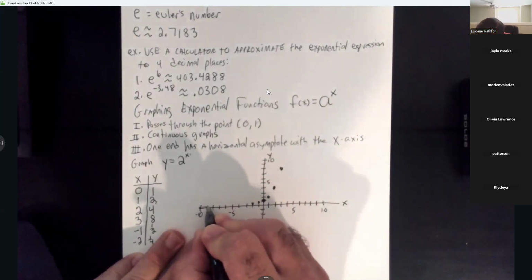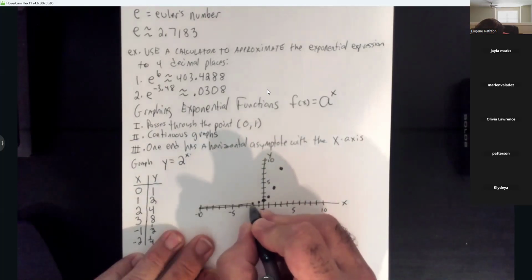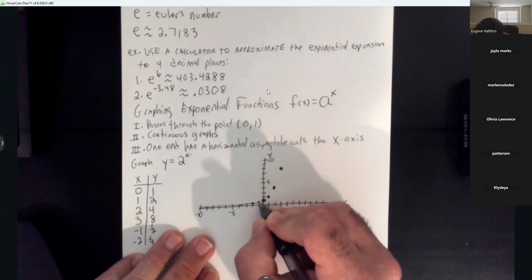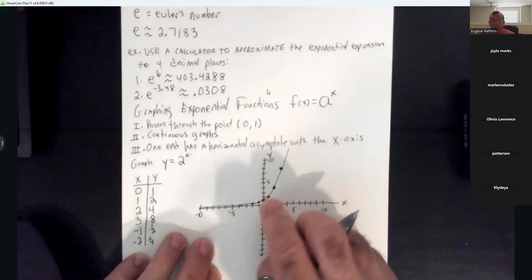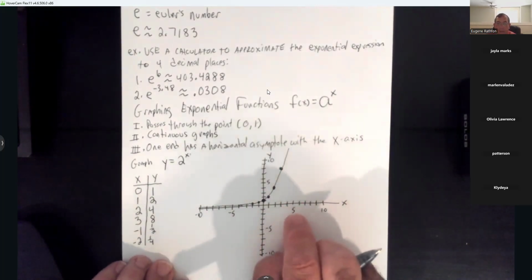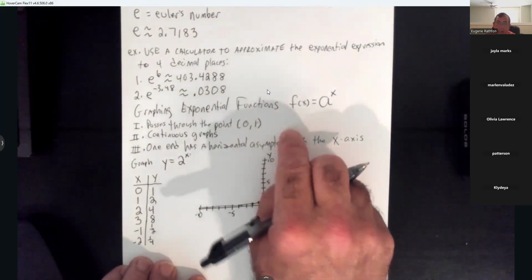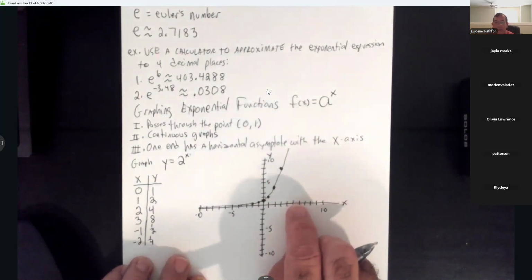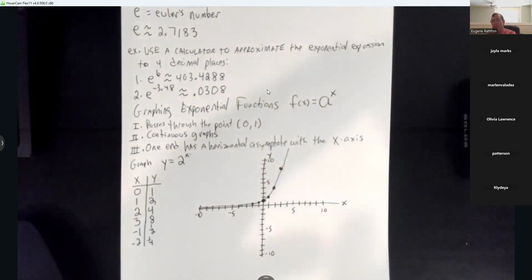So this little graph sort of comes up, crosses over at (0, 1), and then starts shooting up towards infinity. At 4, 2 to the 4th would have been 16. If it was 5, 2 to the 5th would be 32. So this thing really, really starts doubling quick, okay?